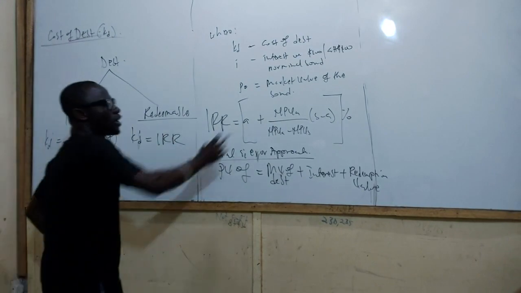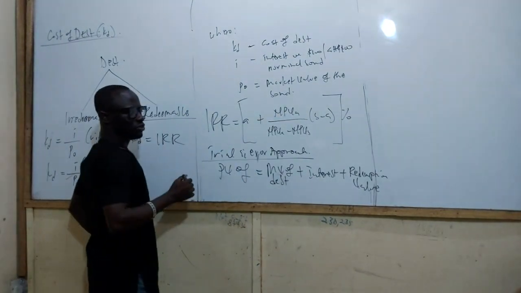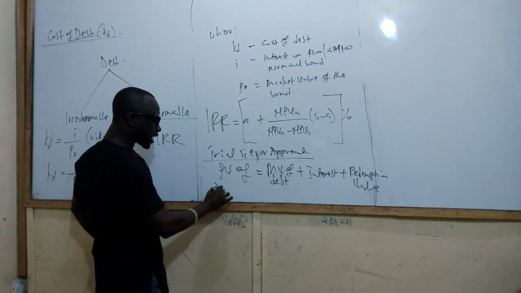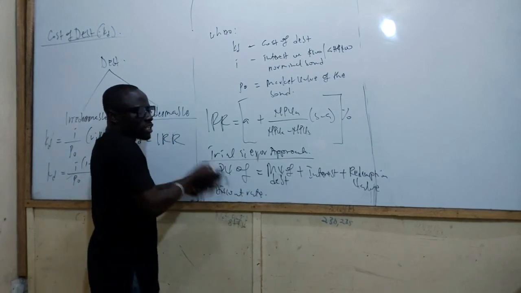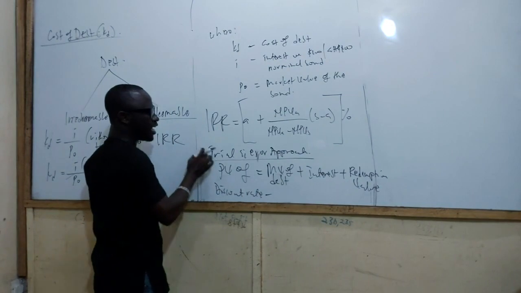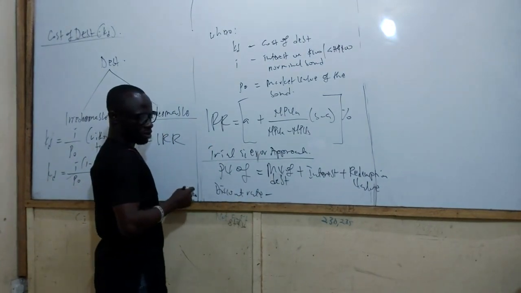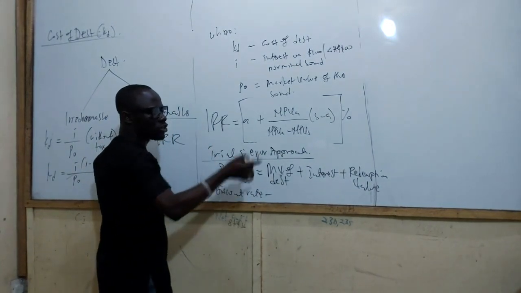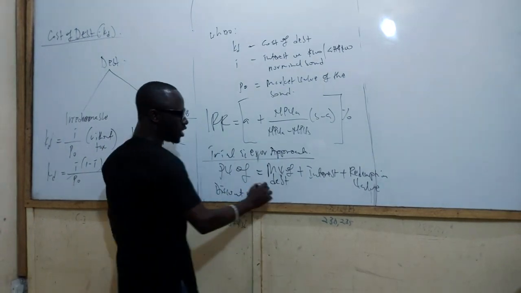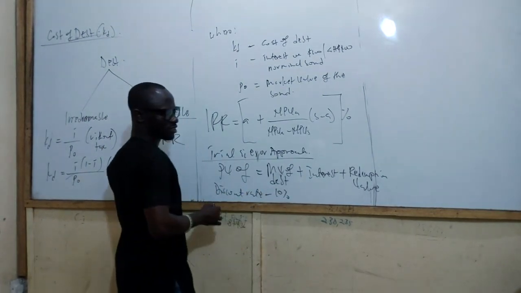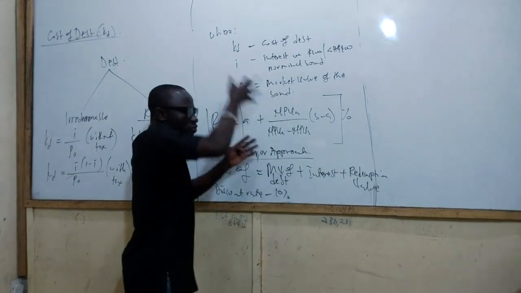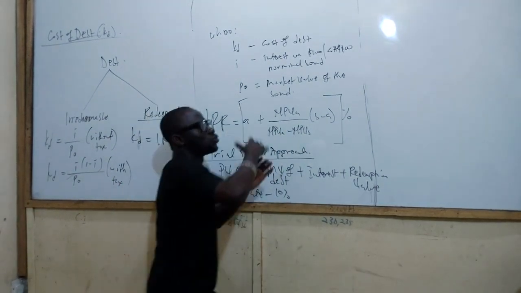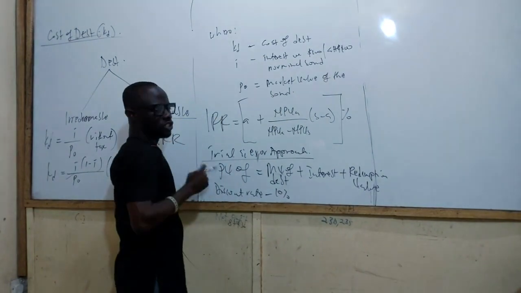Now, because you are dealing with present value, you need to look at the discount rate. The discount rate you use here is where I say the trial and error. I always advise students to start with 10%. When you start with 10%, depending on the results of the first one, you decide whether to increase it or reduce it.